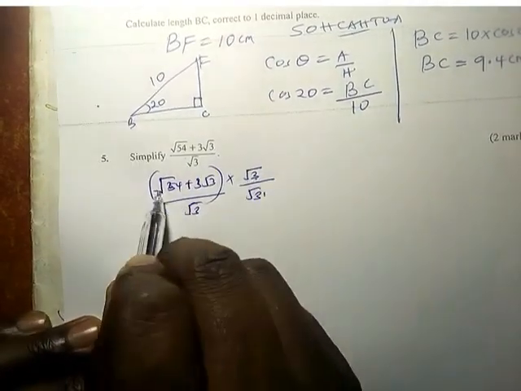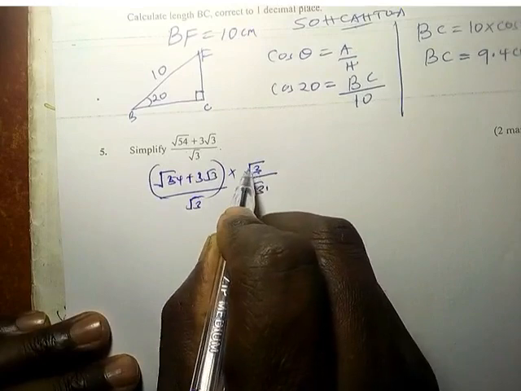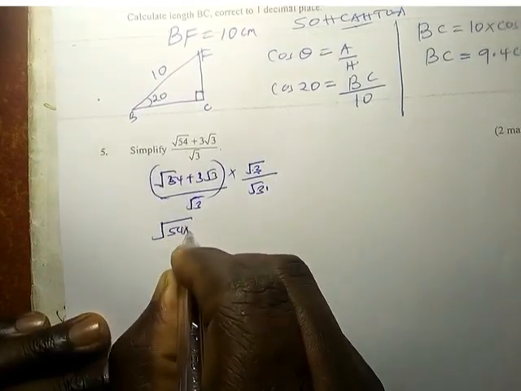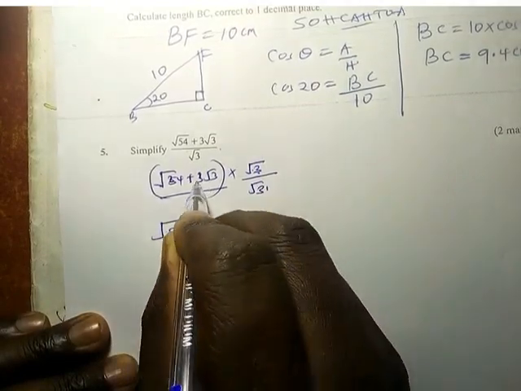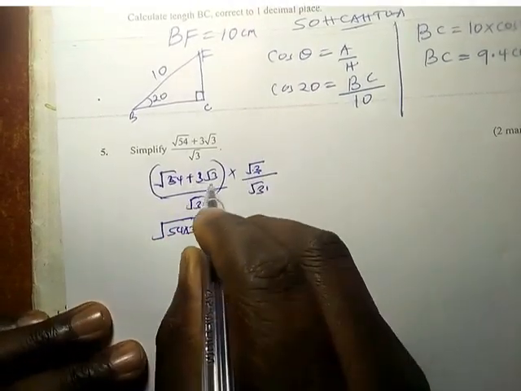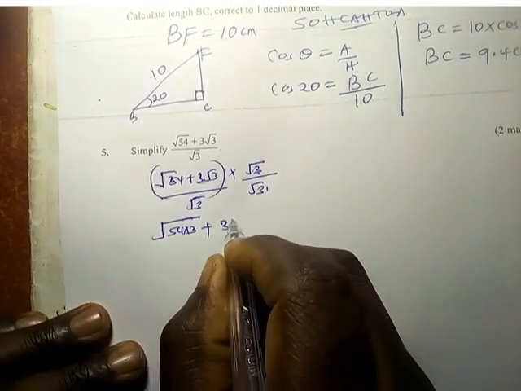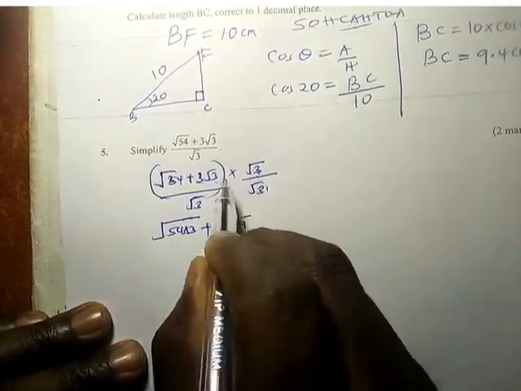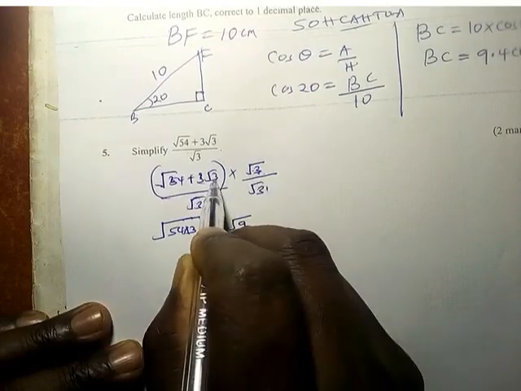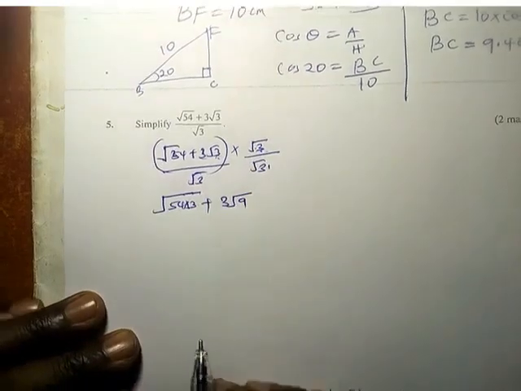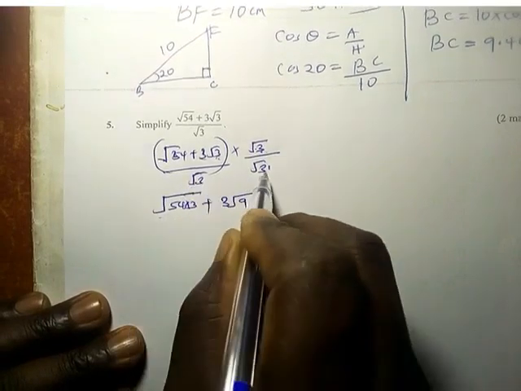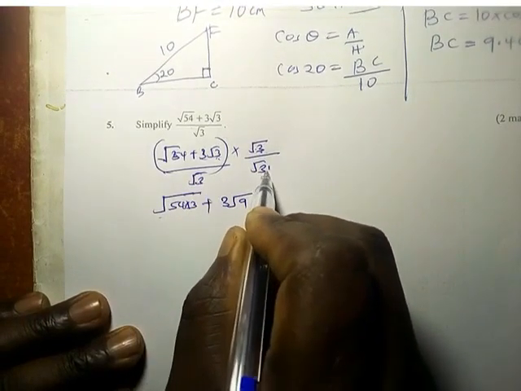Hii na hii tunaenda kuwa na root 54 times 3 plus this times this. We are going to have 3 root 9. 3 times 3 is 9. Zenye ziko ndani ya root. Root 3 times root 3, the answer is 3.